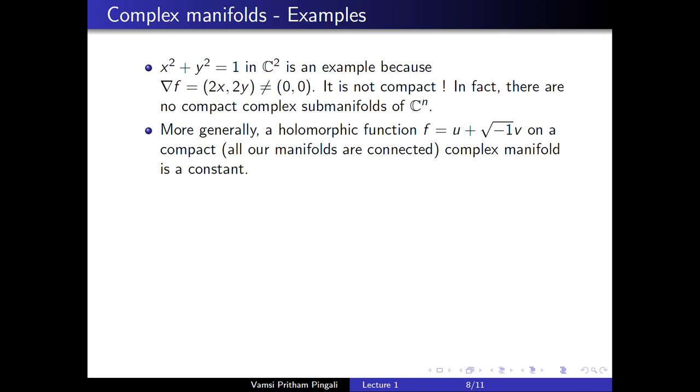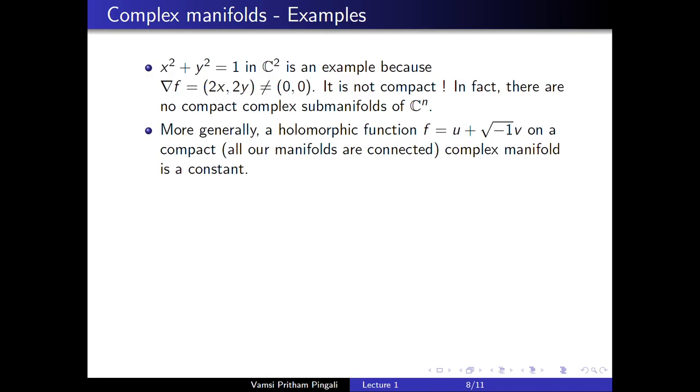So they're all constants, which means it's simply a point. I mean, maybe I should have said that the only compact complex submanifolds of Cn are points. That's the correct statement. This is a slight inaccuracy, but I hope the essence is appreciated.